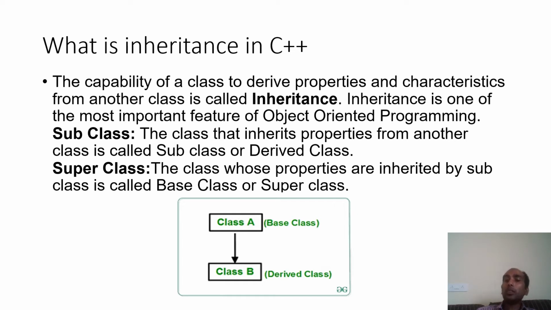And the class which is acquiring the properties, now in this diagram class B, is known as the derived class, subclass, or child class. So there are two things: base class, parent class, and superclass from which you are deriving the property, and the class which is deriving is known as the derived class, child class, and subclass.